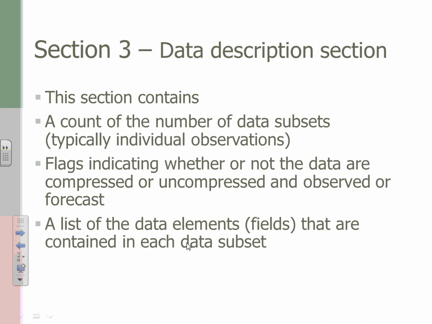Section 3 is kind of the core of the TDCF, and this section contains a count of the number of data subsets. Subsets means, if a SYNOP includes 10 observation stations' data, the subset count will be 10. So section 3 includes the number of data subsets first.